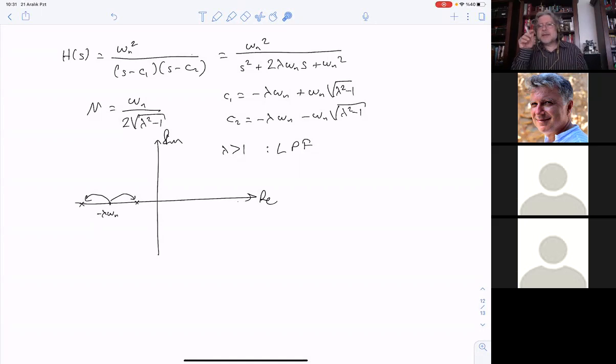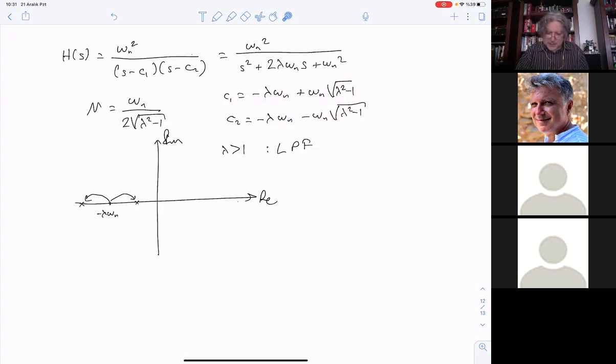So let us have a knob and let us reduce it a little bit, and let's make it close to 1. When it gets close to 1, this thing becomes 0. If it is 1, for instance, this is exactly 0, and C1 and C2 will be at minus omega n.